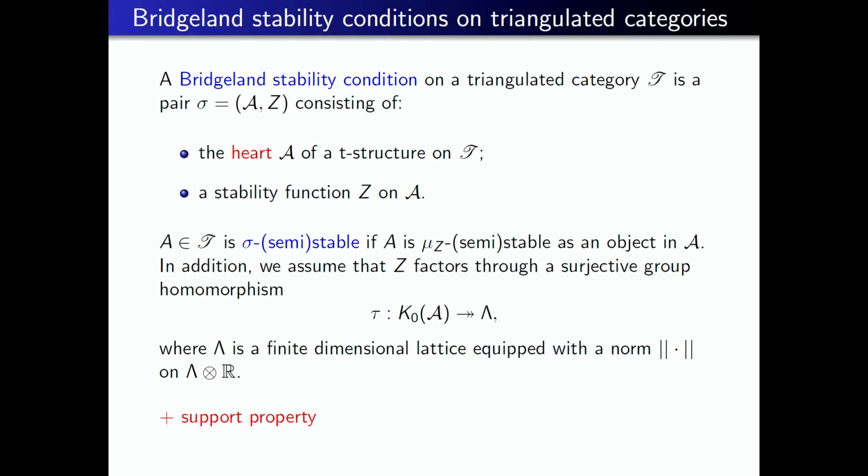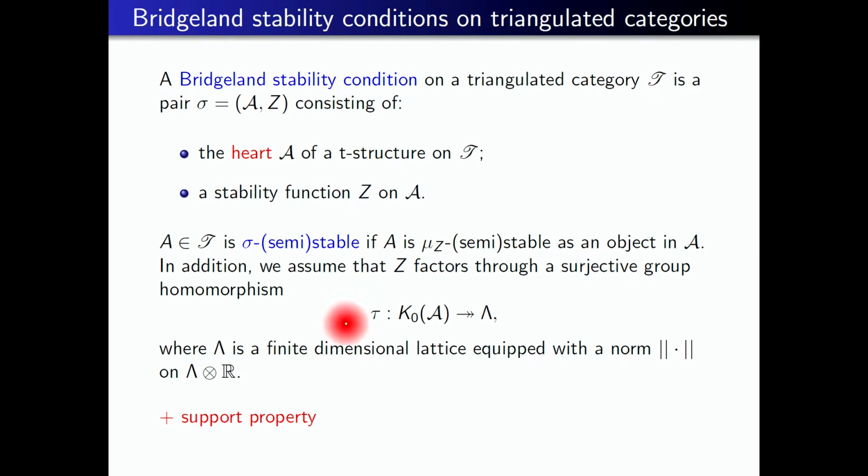Okay? And then again, an object is going to be semi-stable with respect to this pair if it's a semi-stable object in the heart. So first, the object has to belong to the heart, and then you test whether every subobject in the heart has a smaller slope. That's how you decide whether this is a semi-stable object.